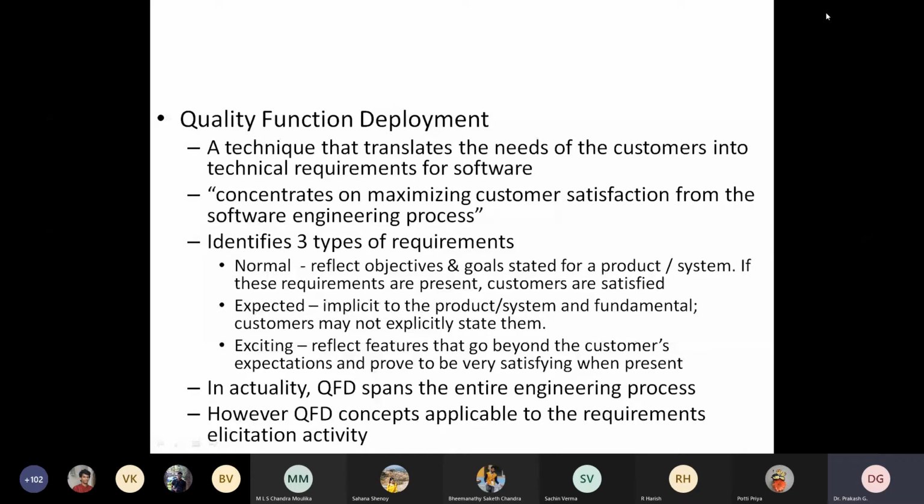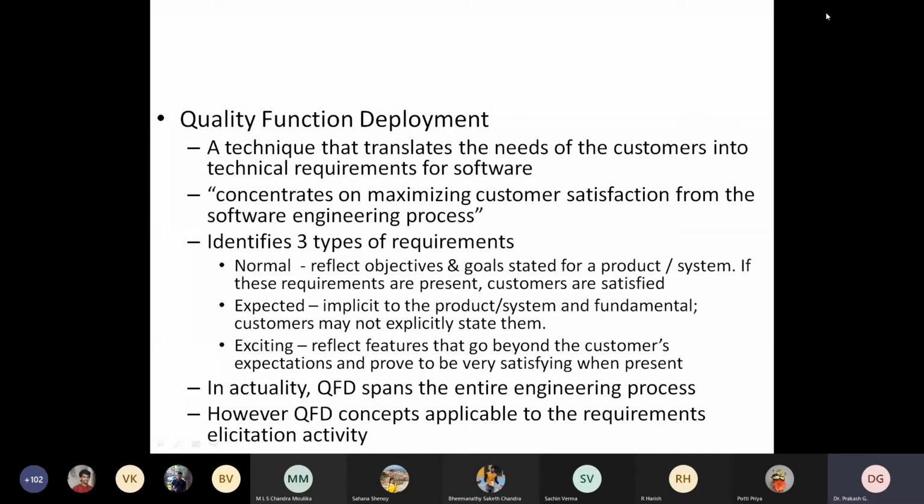However, these QFD concepts are applicable especially to requirement elicitation. Under the requirement engineering activities, the primary focus is on elicitation. That you can understand from all these discussions. Okay, so this is the way we can think about QFD.